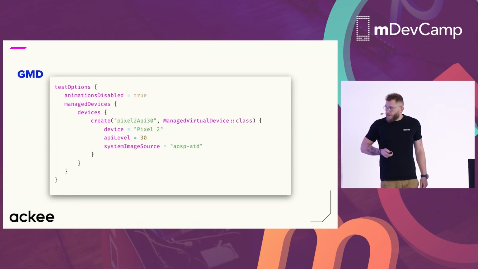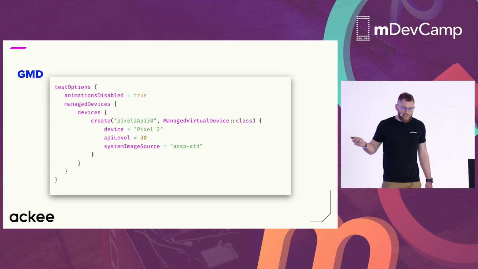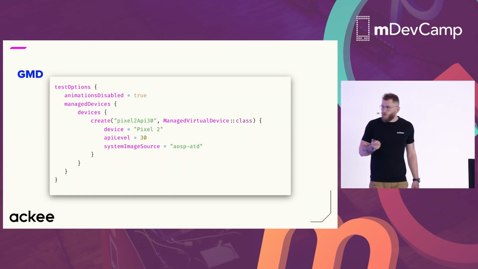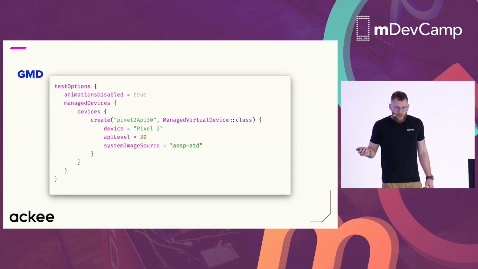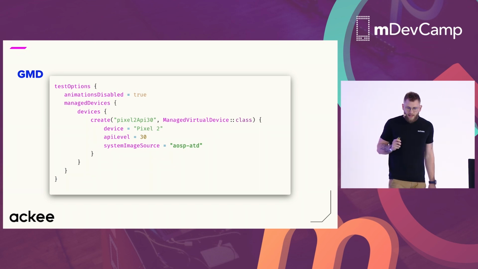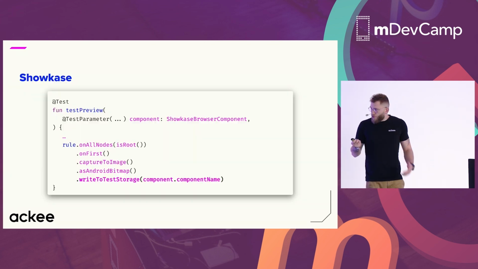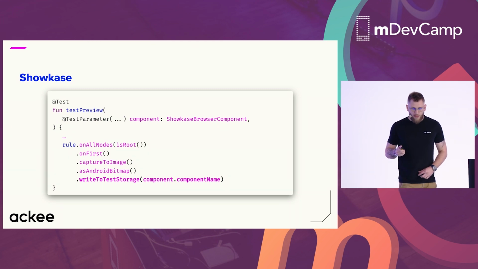So for the Gradle Managed Devices, this is how you define them in your Gradle script. It's pretty easy. You just define the name of the device, what API level you want it to run on, and the system image resource. I have used the ATD, the Automated Test Lite emulator, and that's it. For Showcase, I've used the same code that I've already shown for the parameterized test.